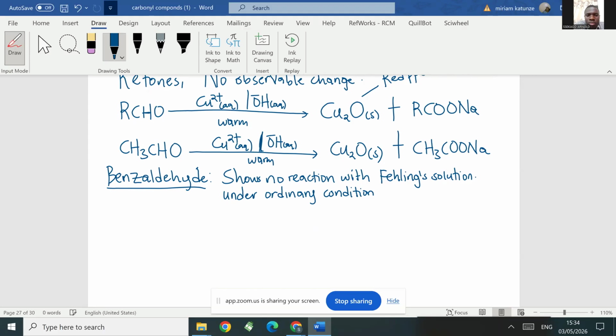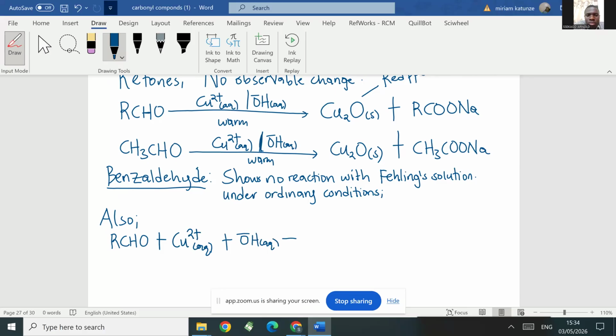Also note that in some books, the equation above can be written in this form. Let me write the general one. RCHO with copper 2 sulfate, sodium hydroxide.